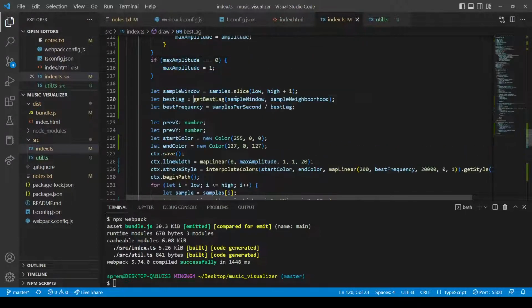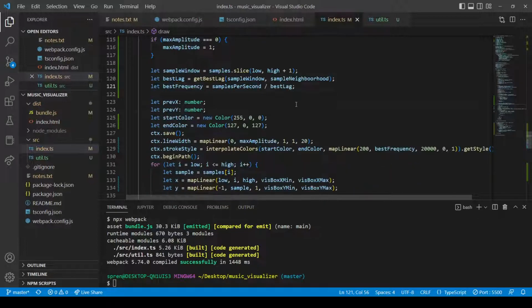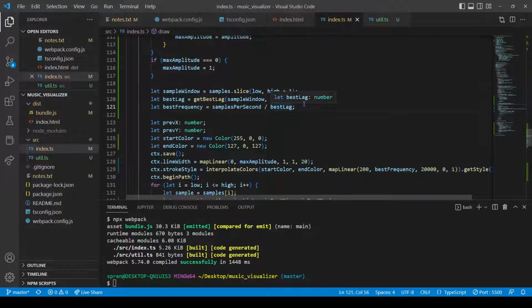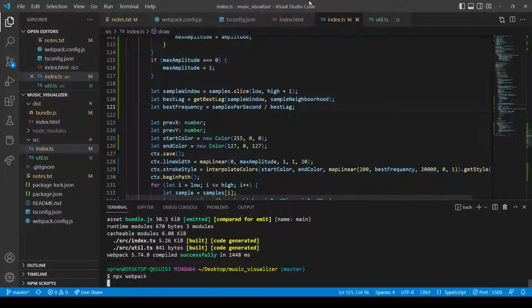Okay. We give it our sample window. It gets the best lag. We get a best frequency. So I claim that nothing should have changed after having made that conversion.